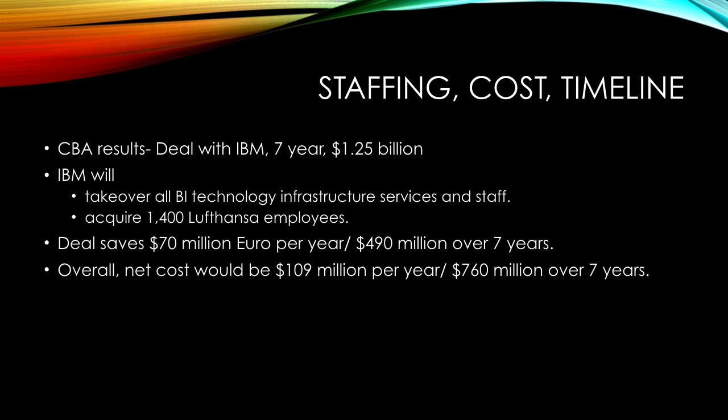Those employees would transfer to IBM, be trained, work with them for that duration of time. This proposed deal will save the company 70 million euros per year, or 490 million over the 7-year plan.